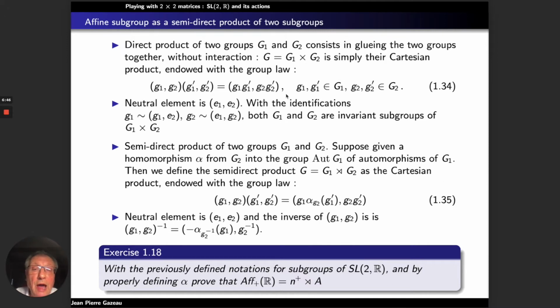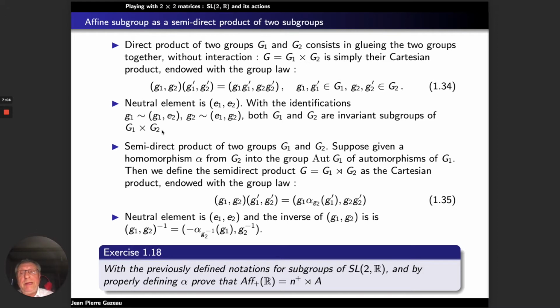And with the identification, G1 is like (G1, E2), and G2 is like (E1, G2). Both groups are invariant subgroups of G1 direct product G2.